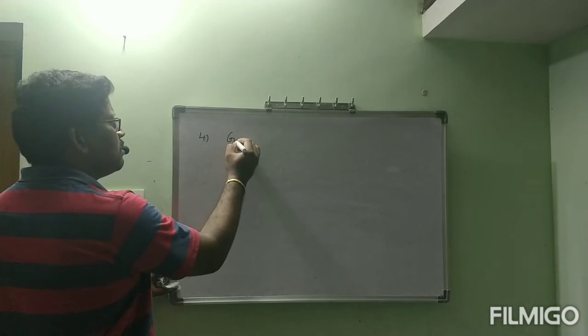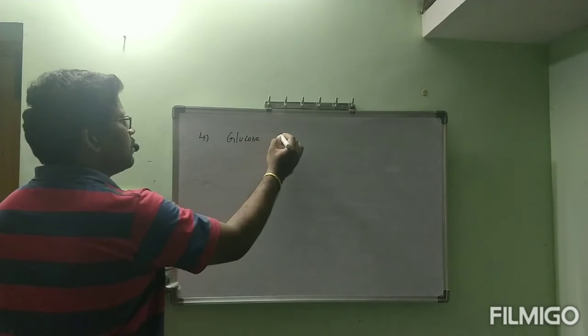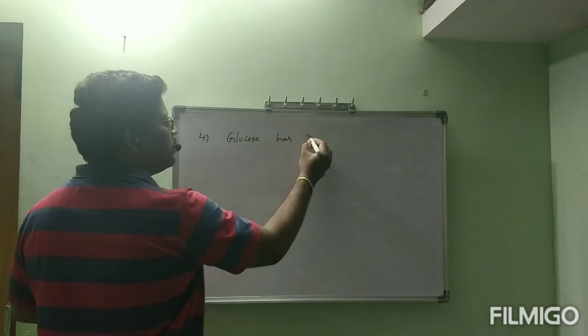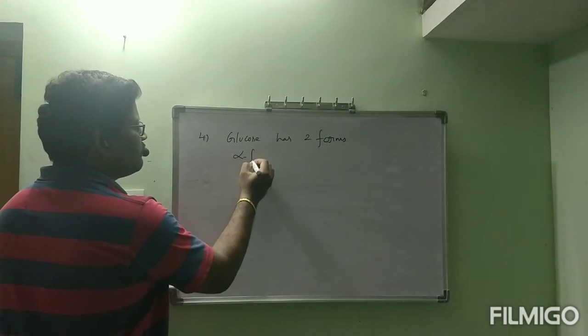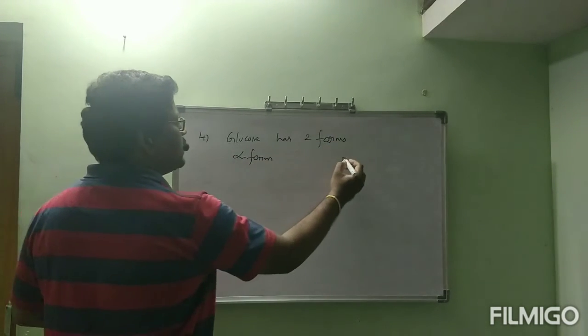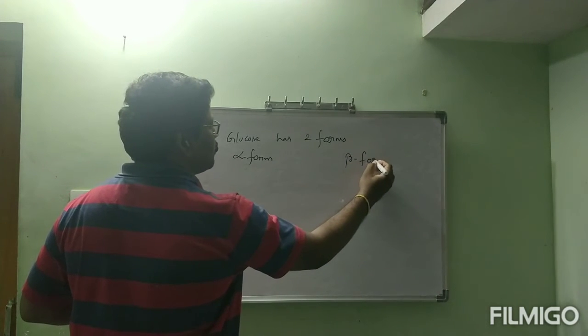Fourth one: glucose has two forms, alpha form and beta form.